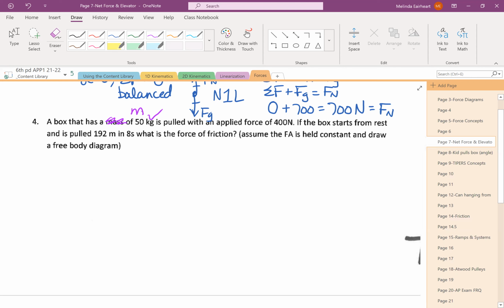If the box starts from rest and is pulled 192 meters in 8 seconds, what did you just hear with those 3? What's running through your head? What K word?